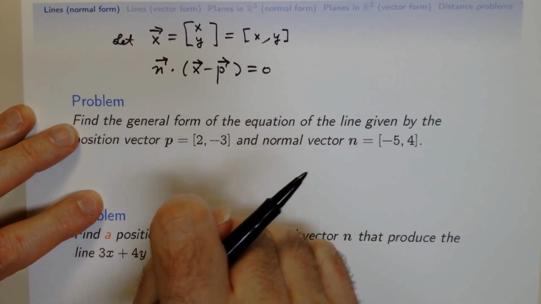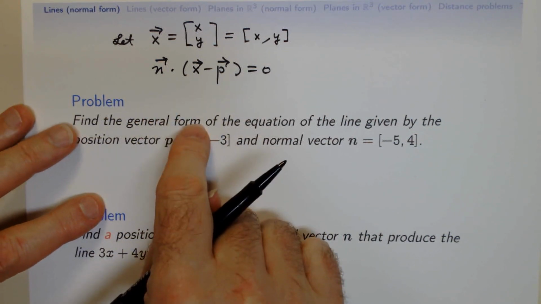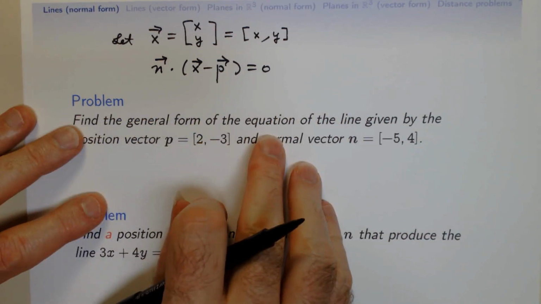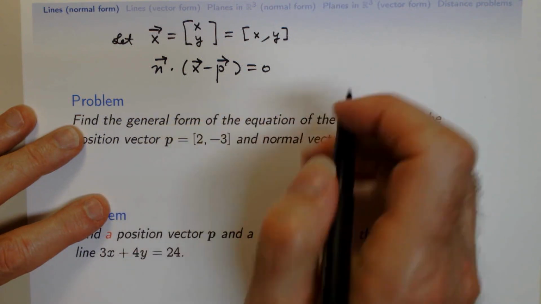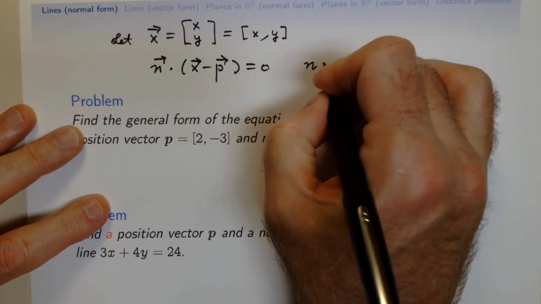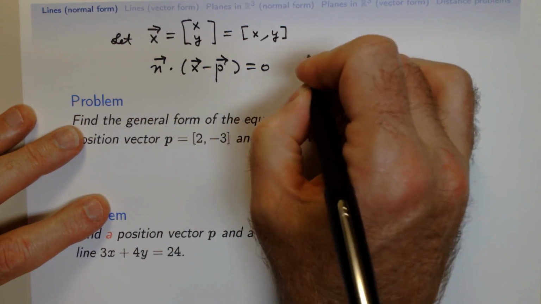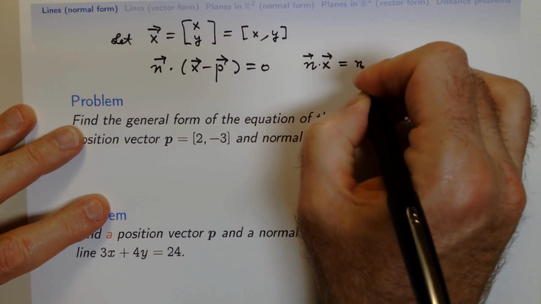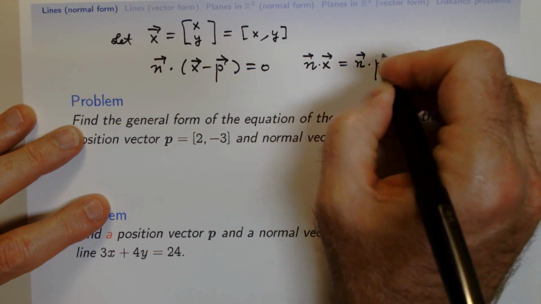Now, by distributing the dot product over the difference and moving the n dot p to the other side, this, of course, is equivalent to n dot x is equal to n dot p.